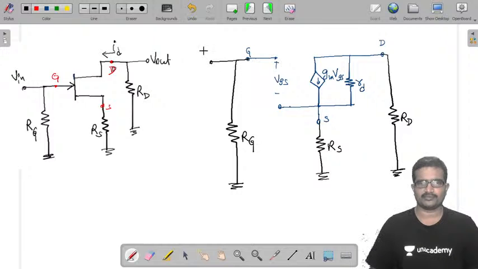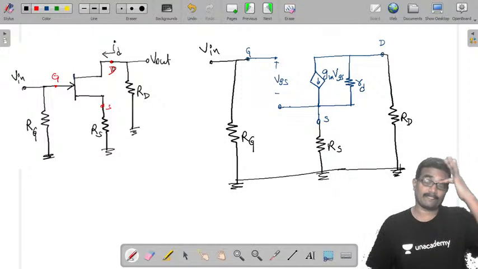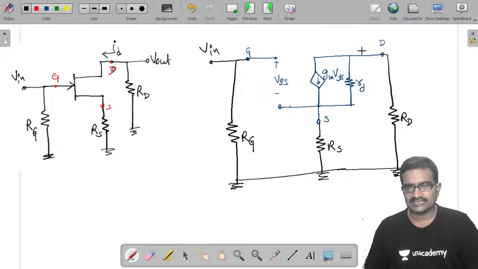Here you are applying input. All these are ground. And we know one more thing, this is your ID, this is minus ID.